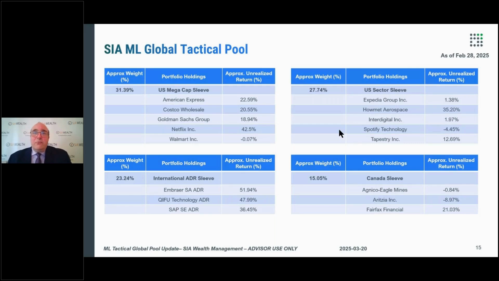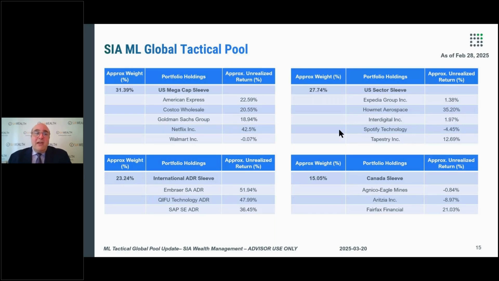The mega cap sleeve is pretty close to target at about 31.4%. The U.S. sector sleeve has come down a little bit to about 27.75%. The international sleeve has done extremely well, and going back to my previous comments about the strength of international equities, the international ADR sleeve is now about 23.25% of the portfolio.